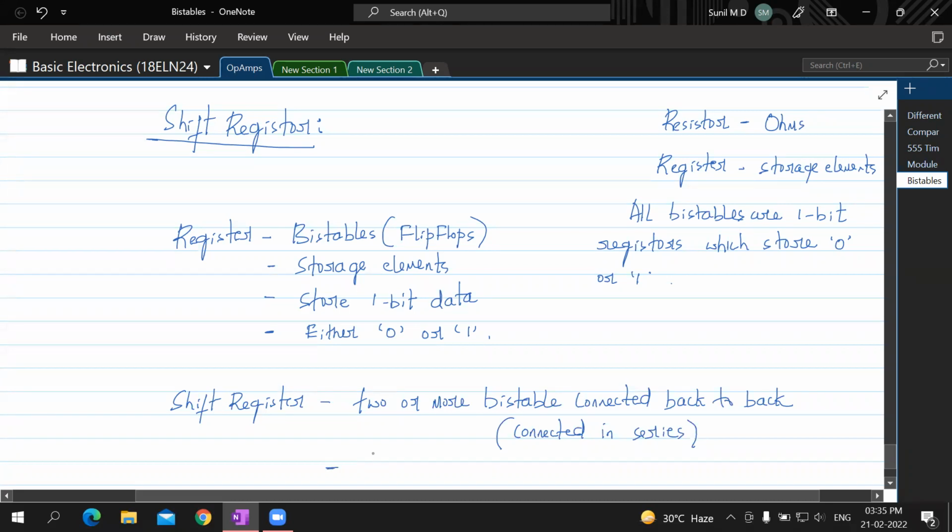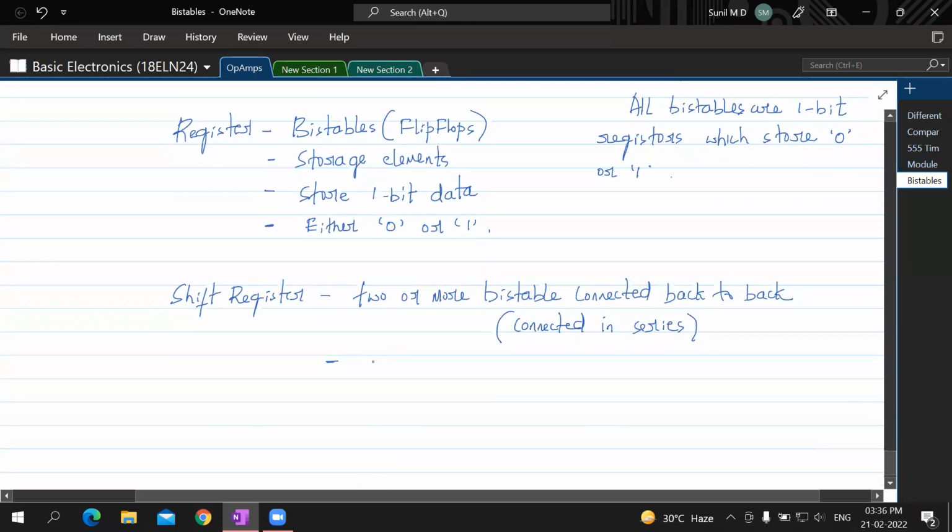Fine. And it not only stores 1-bit data, but also shifts the data to right or left.